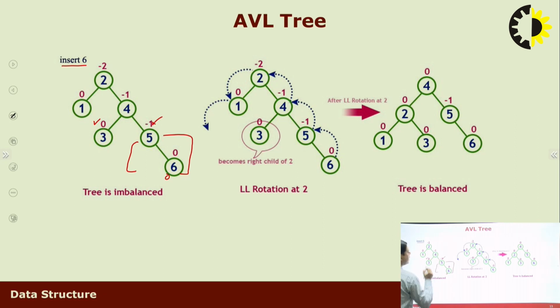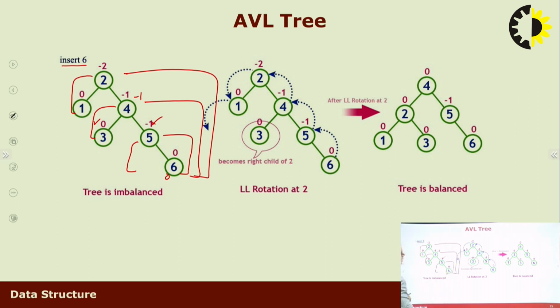If we calculate at 4, the height of the left subtree is 1 and the height of the right subtree is 2, 1 minus 2, that is minus 1. If we calculate at node number 2, because for 1 it is 0, there is no left and right child, the height of the left subtree is 1 and the height of the right subtree is 3, that is 1 plus 1 plus 1, 3. That is 1 minus 3, that is minus 2.